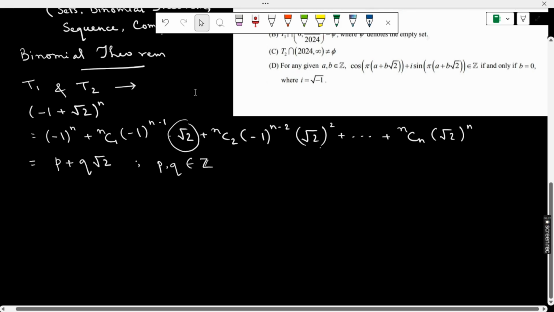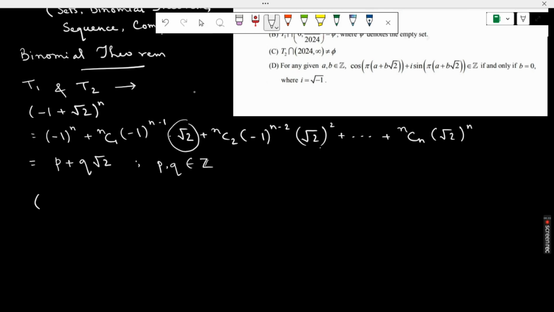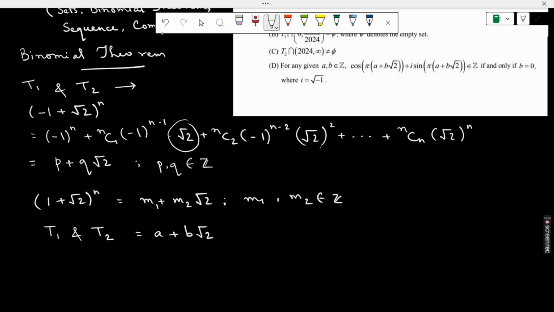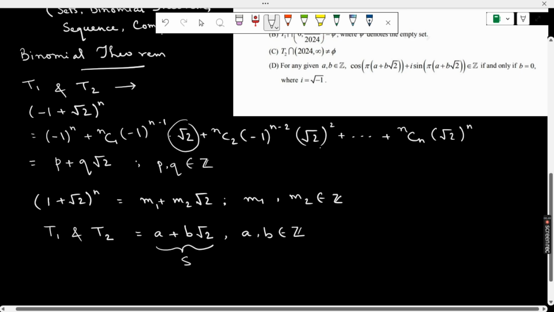Similarly, if we write (1 plus root 2) whole to the power n as m1 plus m2 root 2, where m1 and m2 belong to Z, using the binomial theorem only, we can write T1 and T2 in the form a plus b root 2, where a, b are integers, which is a form of S only.